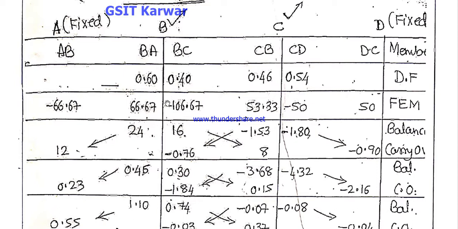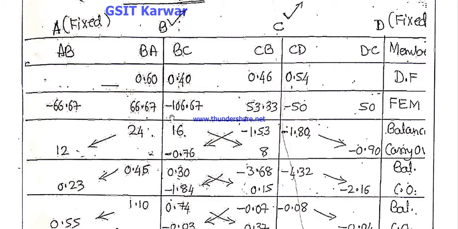Here the answer is plus 40, and multiplying by the distribution factor, you write plus 40 into 0.6. You get the answer 24, and you write that here. Next, plus 40 into the other distribution factor, 40 into 0.4, you get 16.